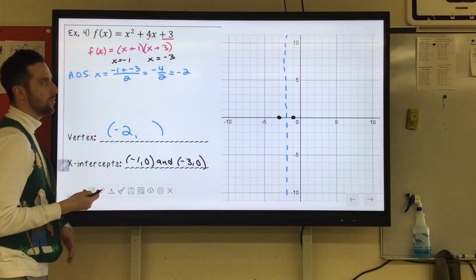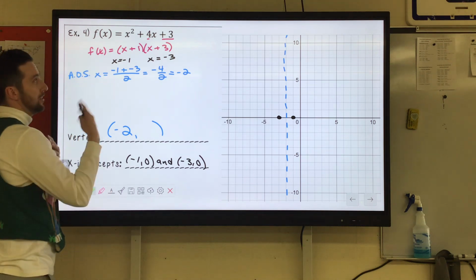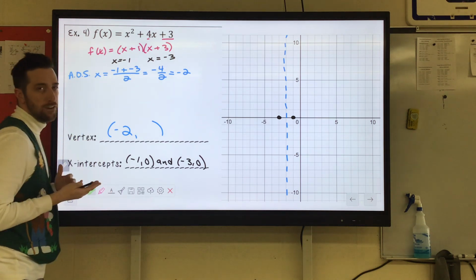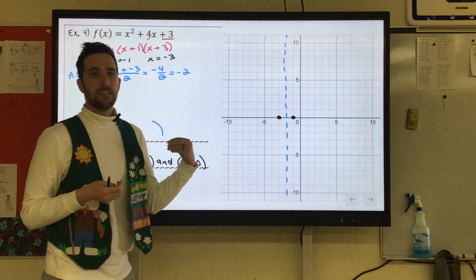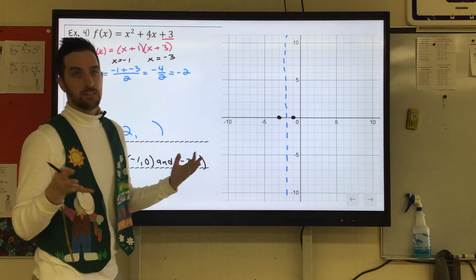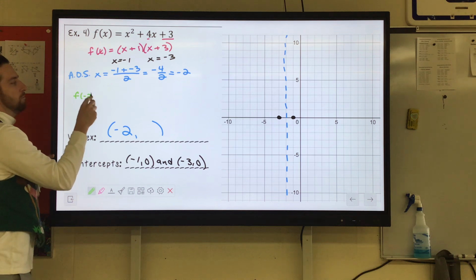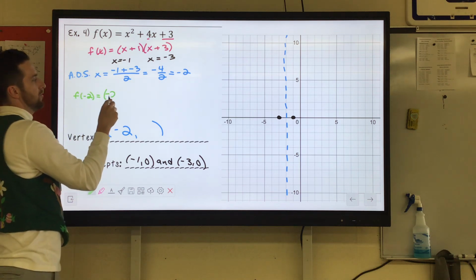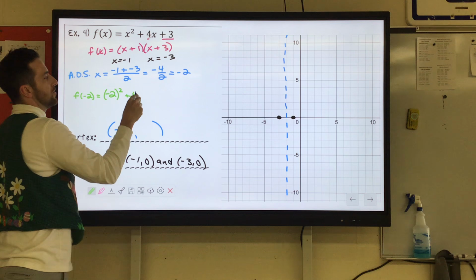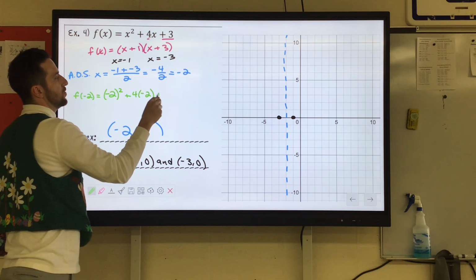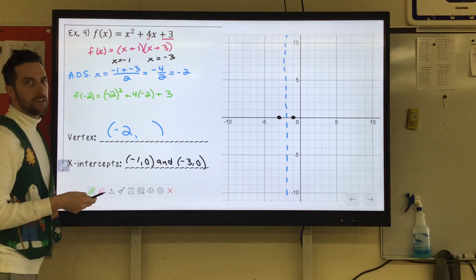Now to figure out the y-coordinate, put it back in. You could go with the original, you could go with factored form. I think before we did it in factored form, let's go original on this one. Be wild. F of negative 2. So we'd have negative 2 squared plus 4 times negative 2 plus 3. When you square anything, it comes out positive.